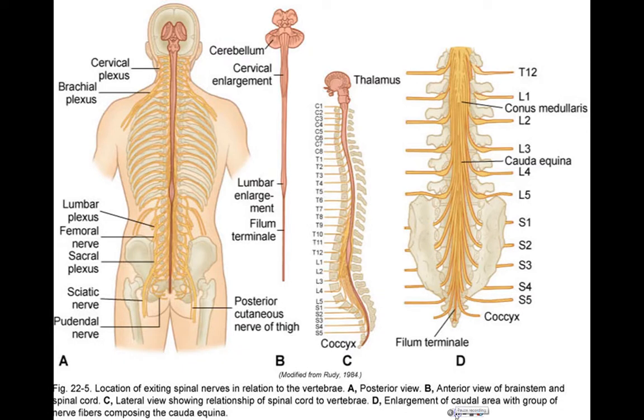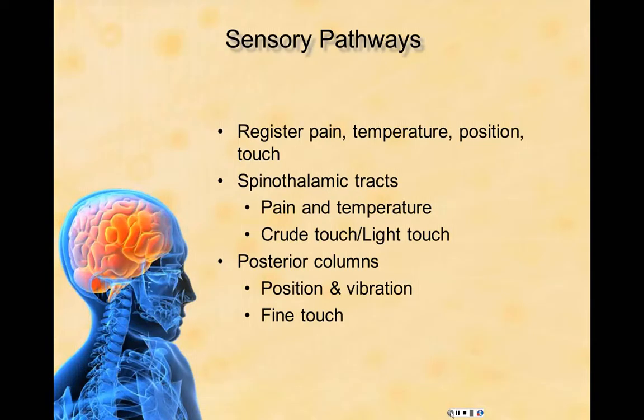You can also see here, indeed, this is basically the cauda equina area, the caudal area with a group of nerve fibers composing the cauda equina. That's where this area right in here.